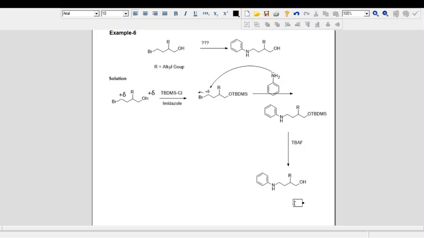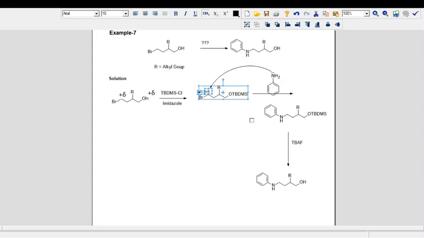Another interesting example I am going to share. This is example 7. We are well aware here. Please focus on this molecule. This molecule is now capable of undergoing almost all the reactions that alkyl halides do.